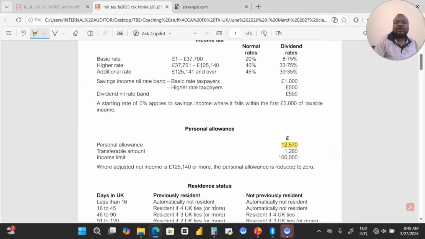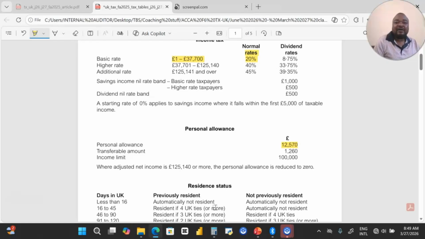Okay, this is what we are talking about. The basic rate is that income between £1 to 37,700. Not 770, I'm sorry for that. A pound up to 37,700. We tax that one at 20%.